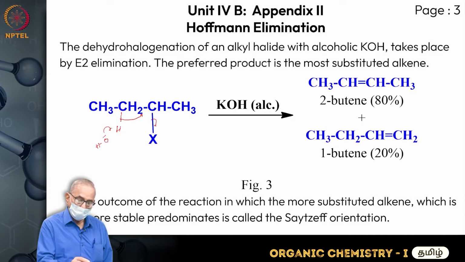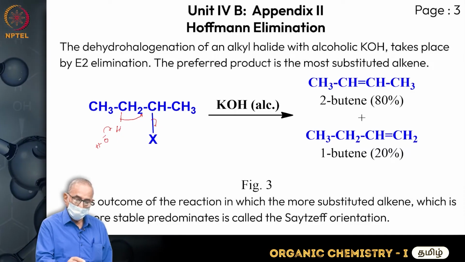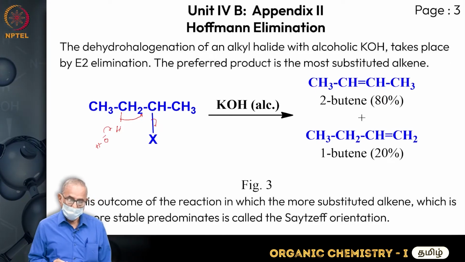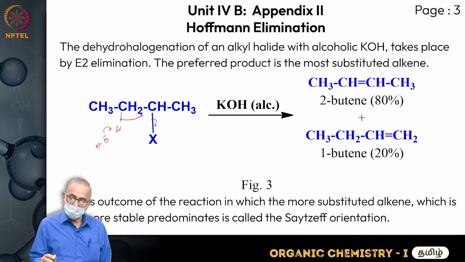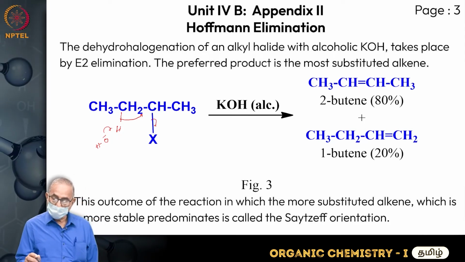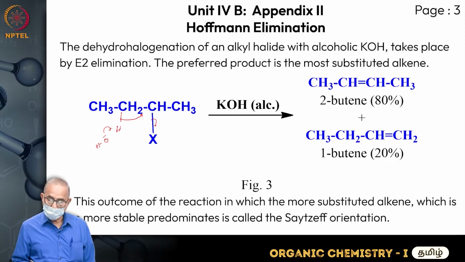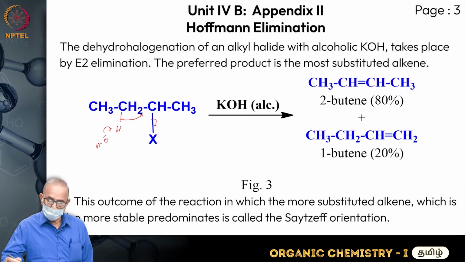This will form a molecule of water, and this bond moves to between the 2 carbons, then this gets out as X minus. So, this is CH3, CH double bond CH, CH3. This is 2-butene formed at 80%. This is a more stable olefin or alkene.